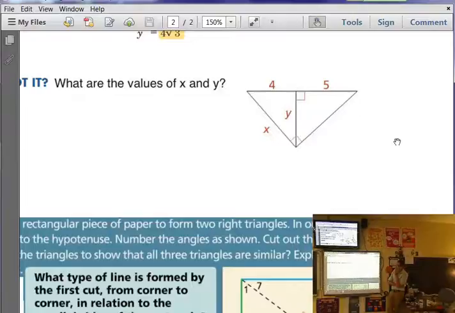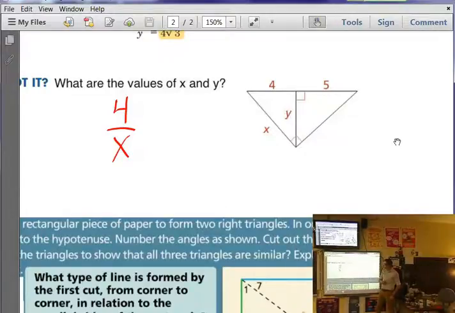How can we solve for x? Emma? 4 over x equals x over y. So when you say 4 over x, what are you relating? The short side of the triangle on the left, and the x.